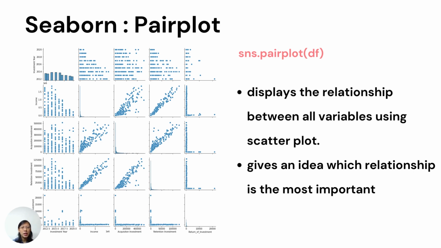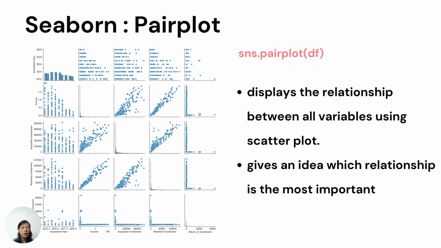By calling sns.pairplot of df, it will give you a plot where you show the relationship between all the numerical variables. In our donor dataset, df has 5 numerical values. So when we use sns.pairplot of df, this is the graph we got.